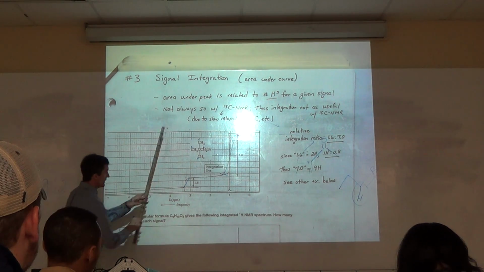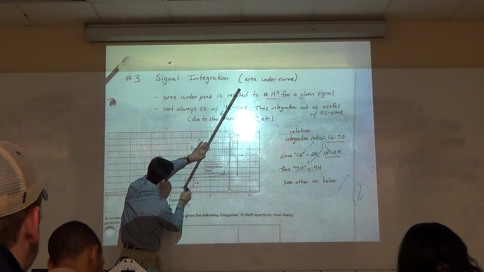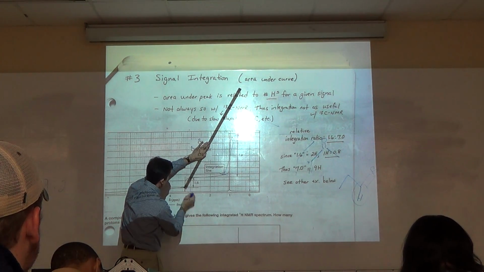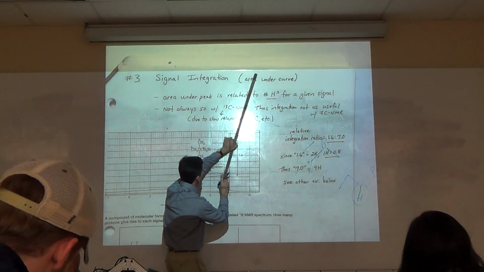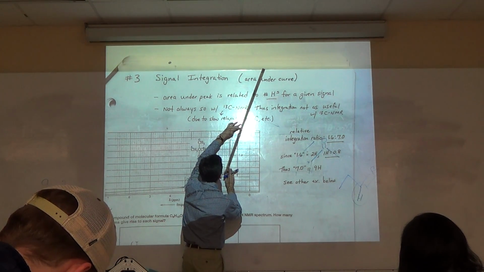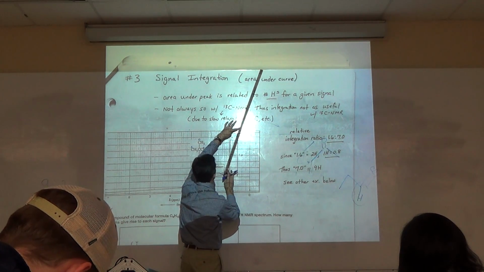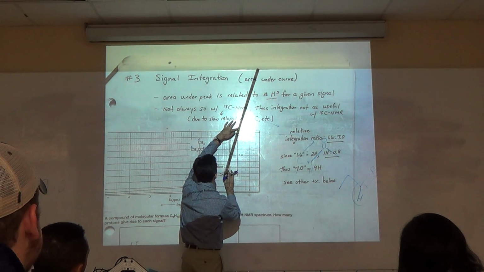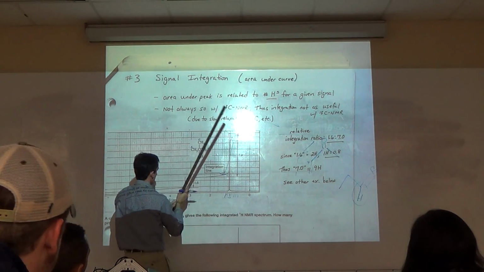This length is inches. This here is like 15 inches. Measure this, right?